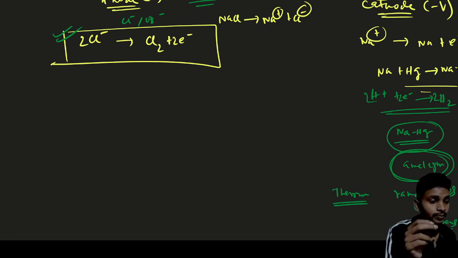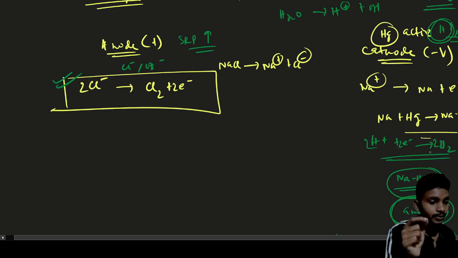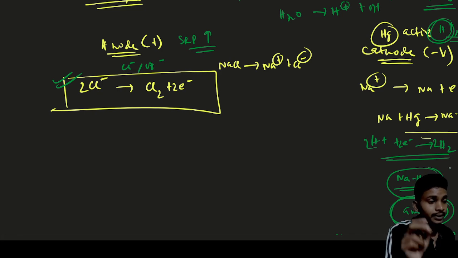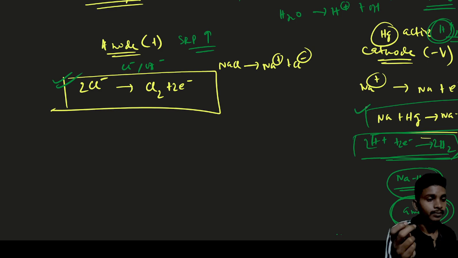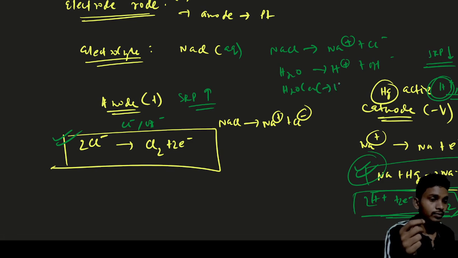So here, although in the SRP series H plus is winning, since Na and Hg make the amalgam, which decreases the randomness and makes the reaction spontaneous, that will dominate. According to the SRP series this should happen, but it will not; this other one will happen, because it is a spontaneous reaction.